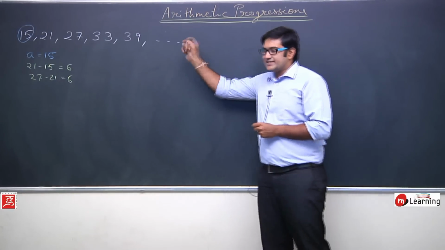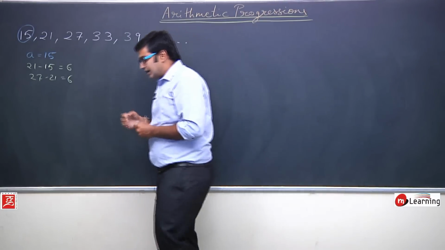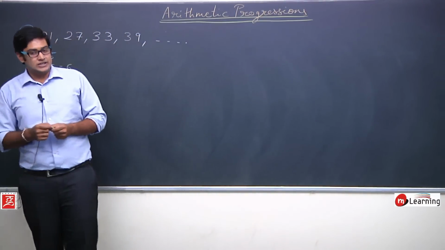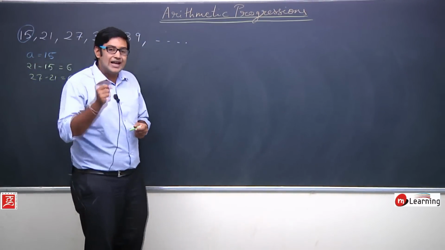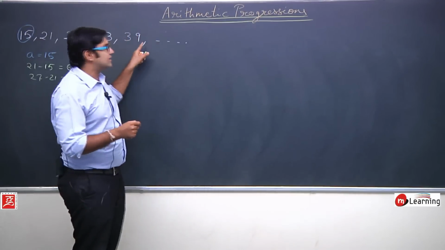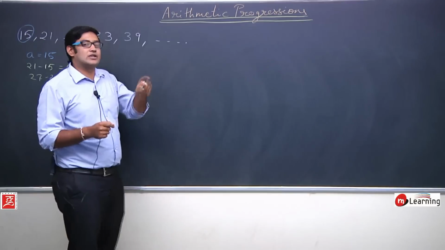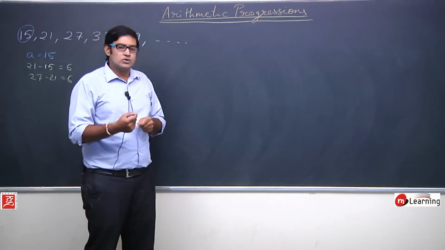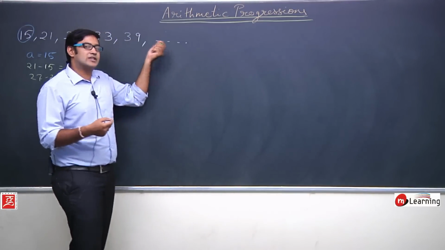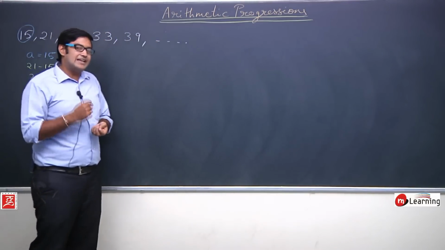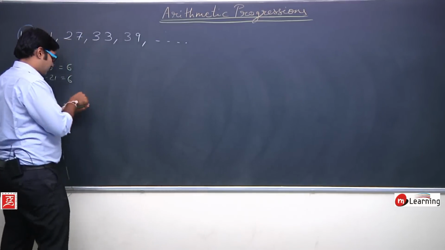Okay, so this is an arithmetic progression, and if I ask you to write the next three terms of this arithmetic progression, you can very easily write them. What you will do?